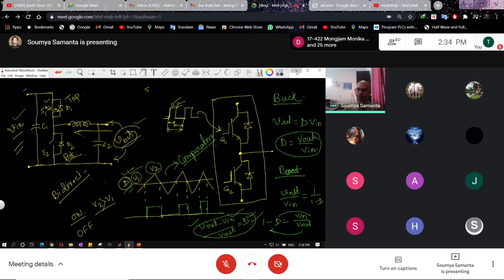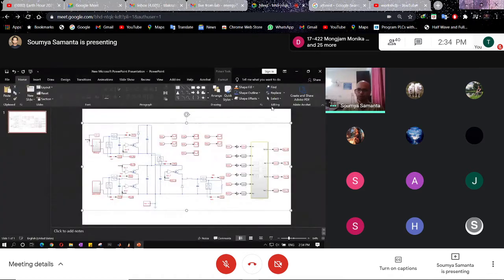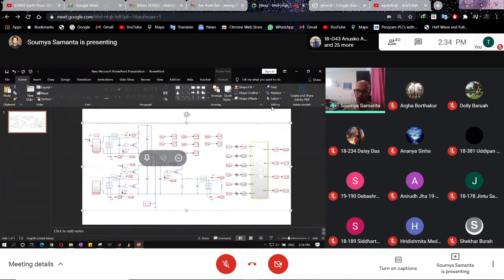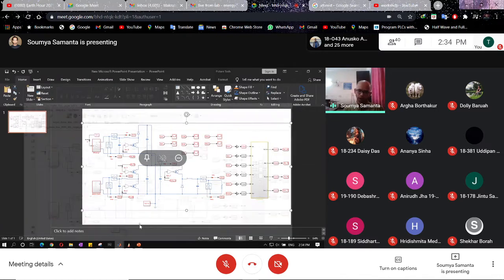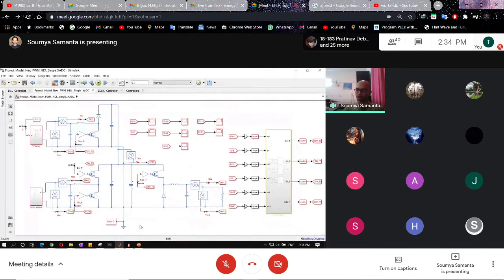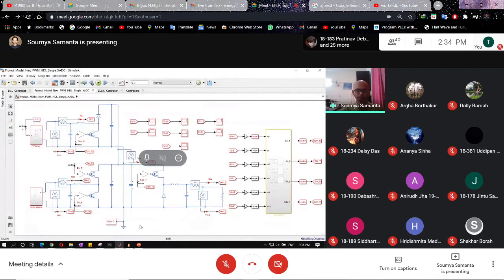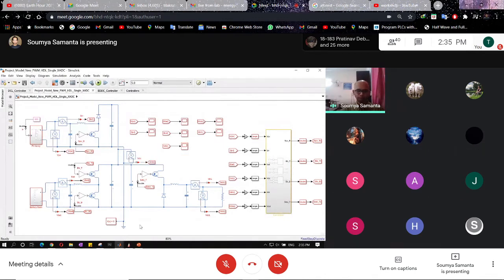Okay, fine. So this is the simulation diagram we have designed here for this part. We have fixed the PV radiation at 800, sorry, I have forgotten that unit.